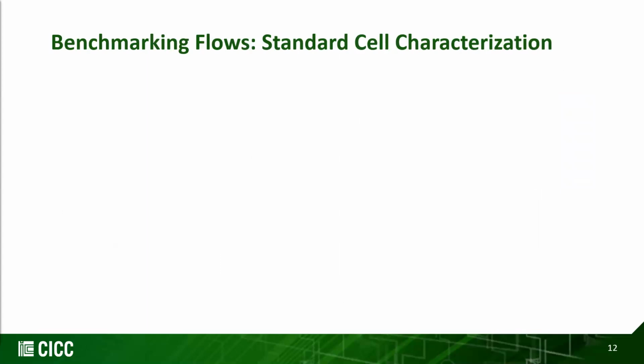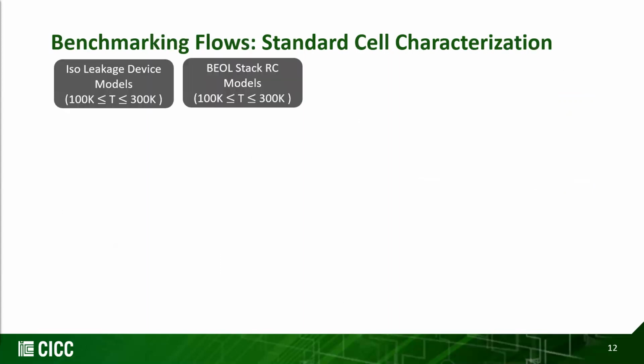Next, we look at the standard cell characterization flow. Production grade 9-track standard cell libraries with low VTH flavor are re-characterized at multiple VDD and temperatures using industry standard tools. In our case, the flow is modified as below. For a given temperature and VDD, we have the iso leakage device models along with the RC models for the BEOL stack.